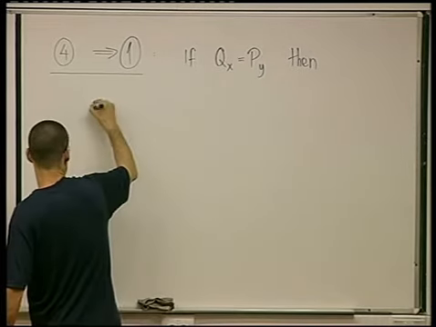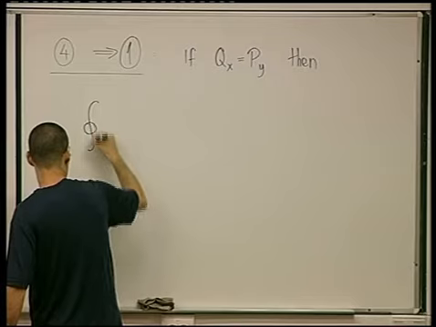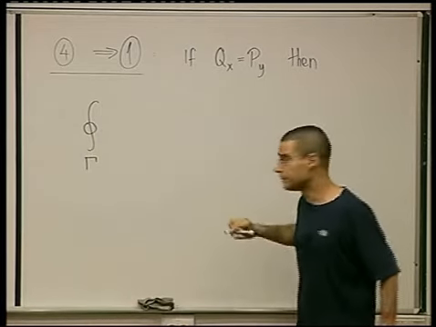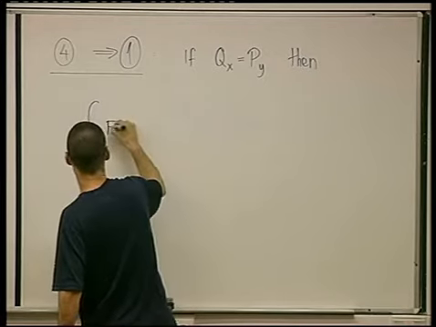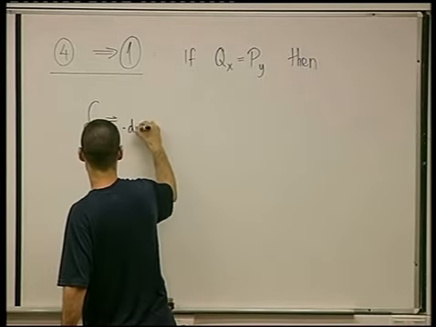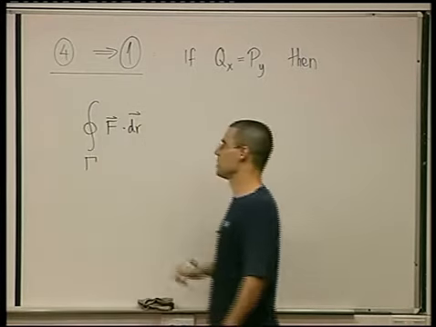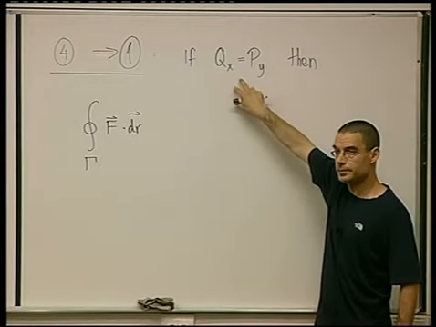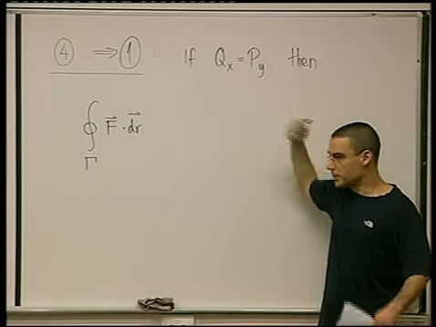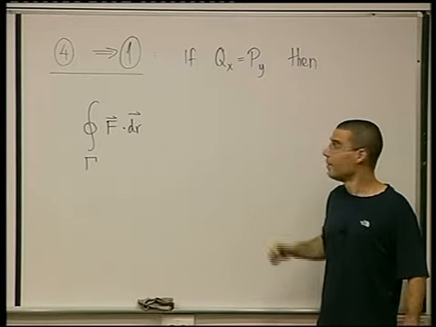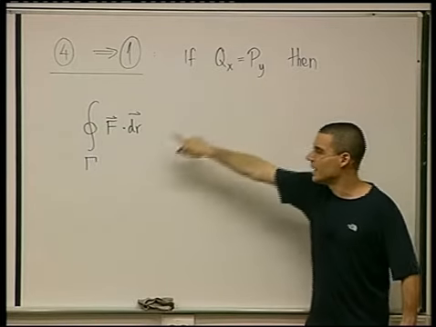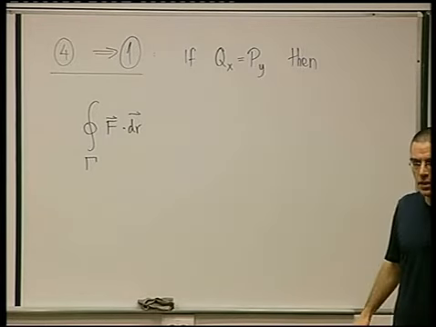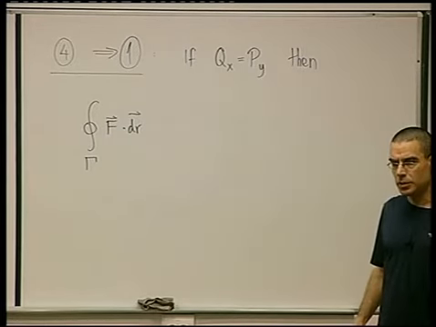So here's the line integral. Here's gamma. Gamma is going to be any simple closed curve. And here's our f. I want to show that this thing is 0. What I know is this. What comes to mind when you see this and think of the things we've done with line integrals?